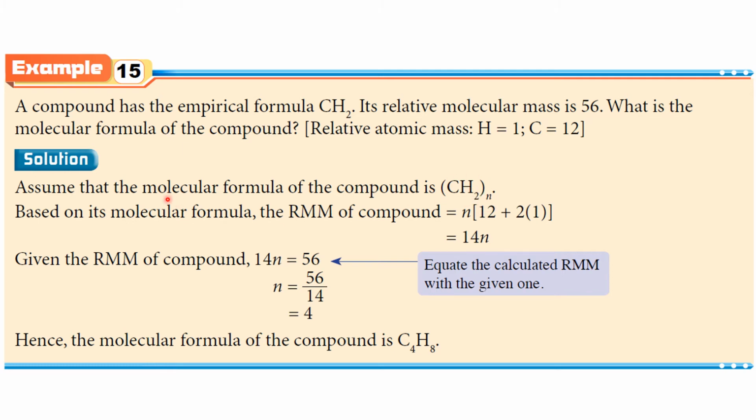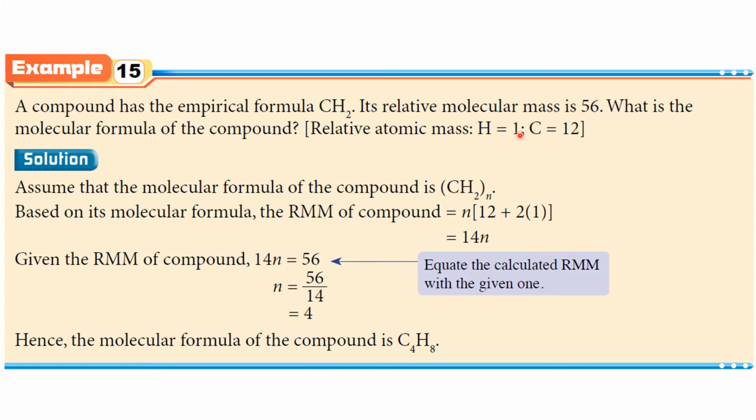The next step is, based on its molecular formula, the RMM 56. You take the subscript n and put it in front as a coefficient, and then you take the RAM for every atom inside the empirical formula.